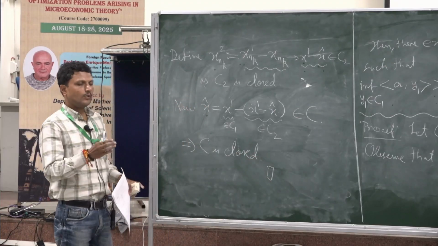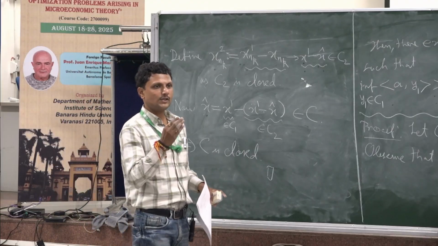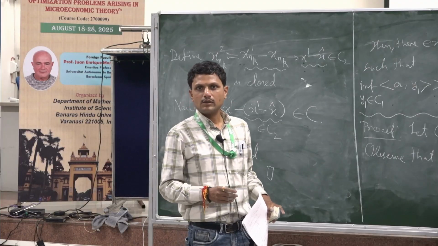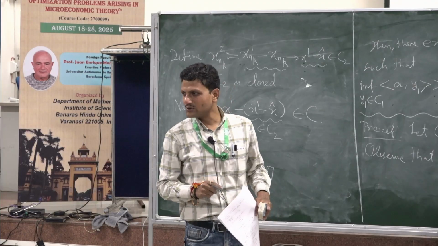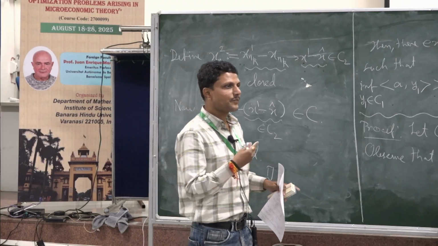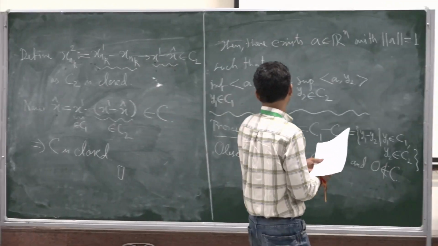So now C is closed, C is convex, C is non-empty, and 0 does not belong to C. So what can we use? We can apply the separation theorem, right?